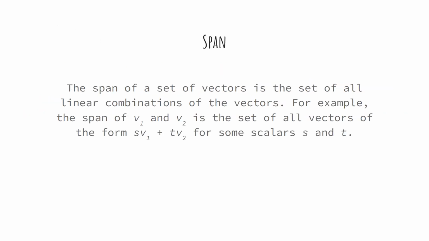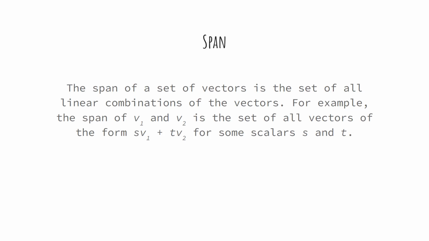And then the second big conceptual topic has to do with span. The span of a set of vectors is essentially just the set of linear combinations of those vectors. The example that I like to use is our unit vectors. When you're thinking about our x, y, z space, you have a unit vector in the x direction, a unit vector in the y direction, and a unit vector in the z direction.